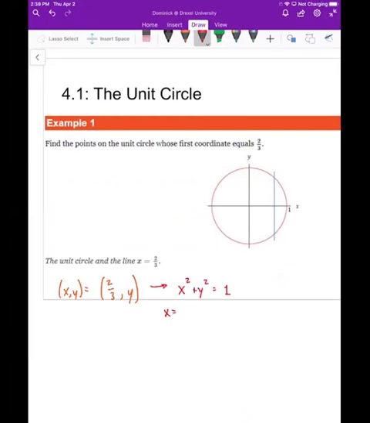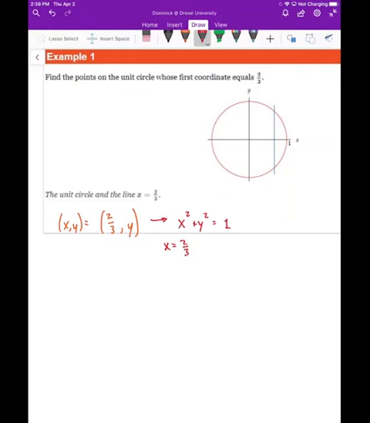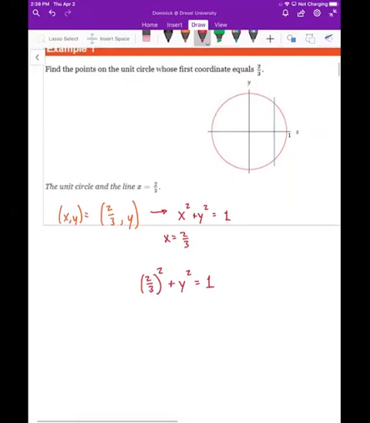If we're assuming that x is 2/3, we should be able to find what y would have to be. So I put 2/3 in for x, and I have y squared is equal to 1. Now if we square 2/3, that's 2/3 times 2/3, or 2 squared over 3 squared, and we get 4/9, plus y squared is equal to 1.